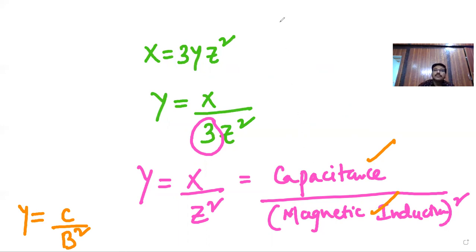Now, from the previous classes, we know that the dimension formula of the capacitance C is M minus 1 L minus 2 T square Q square.